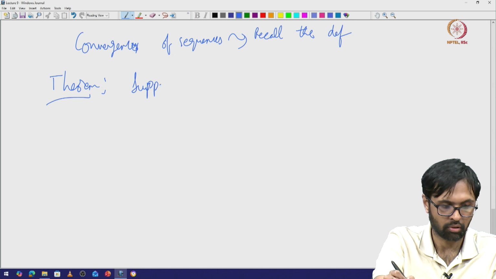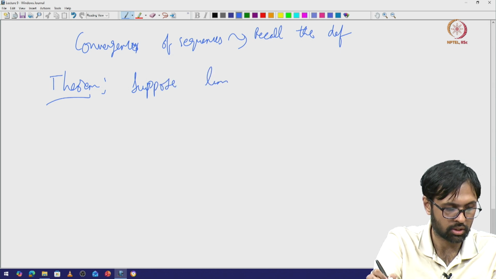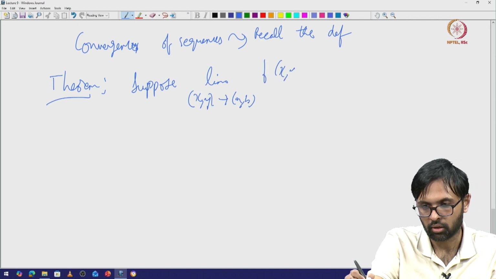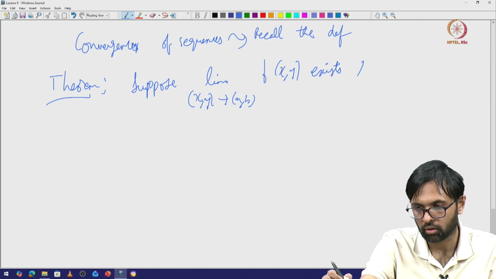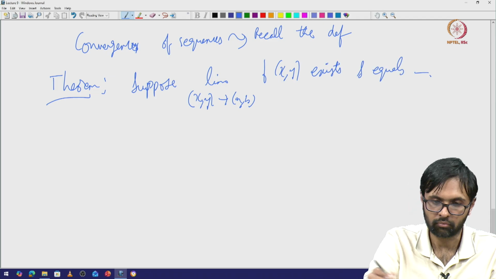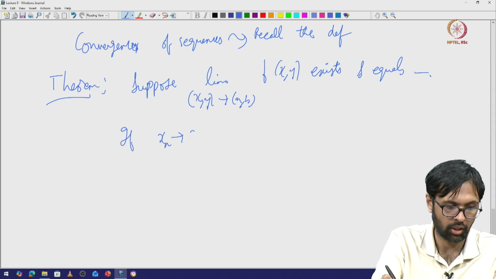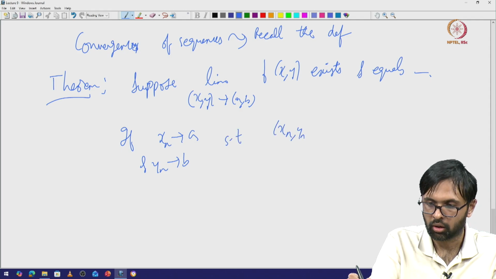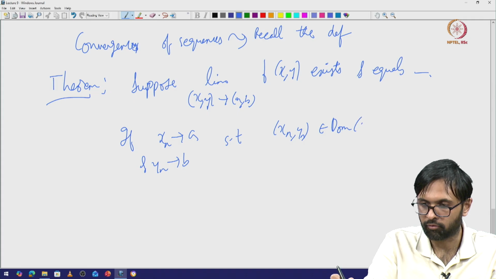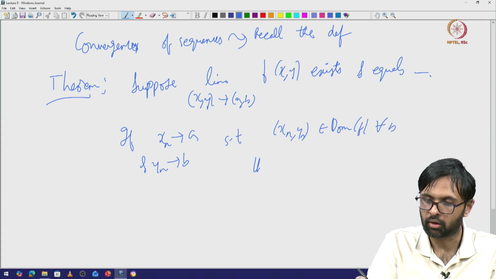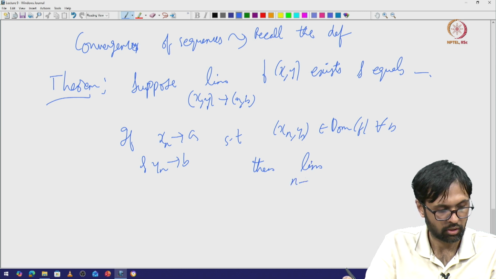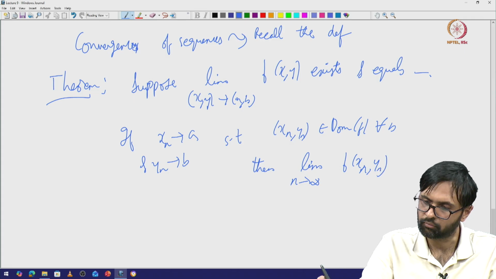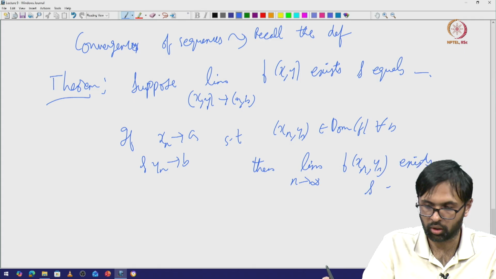Suppose the limit of f(x, y) as (x, y) goes to (A, B) exists and equals L. If x_n goes to A and y_n goes to B such that (x_n, y_n) lie in the domain of f for all n, then the limit of f(x_n, y_n) exists and equals L.